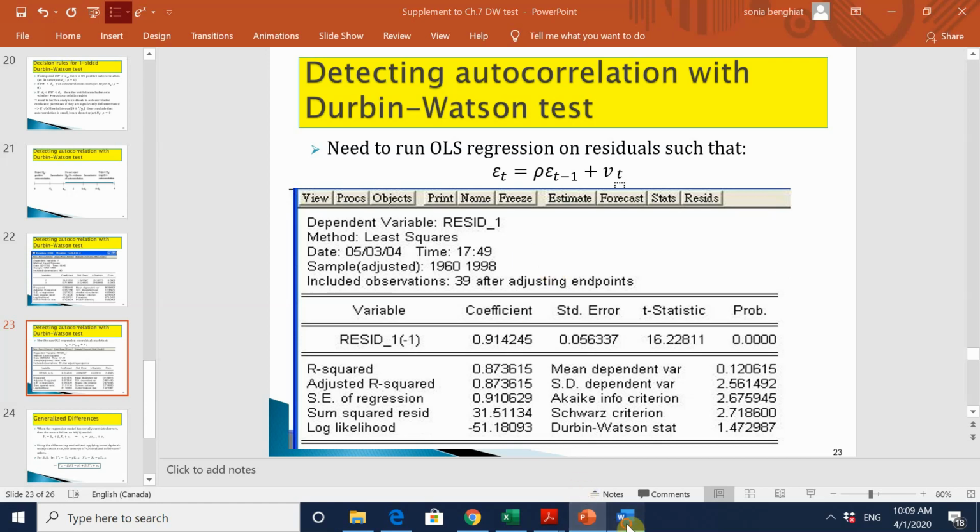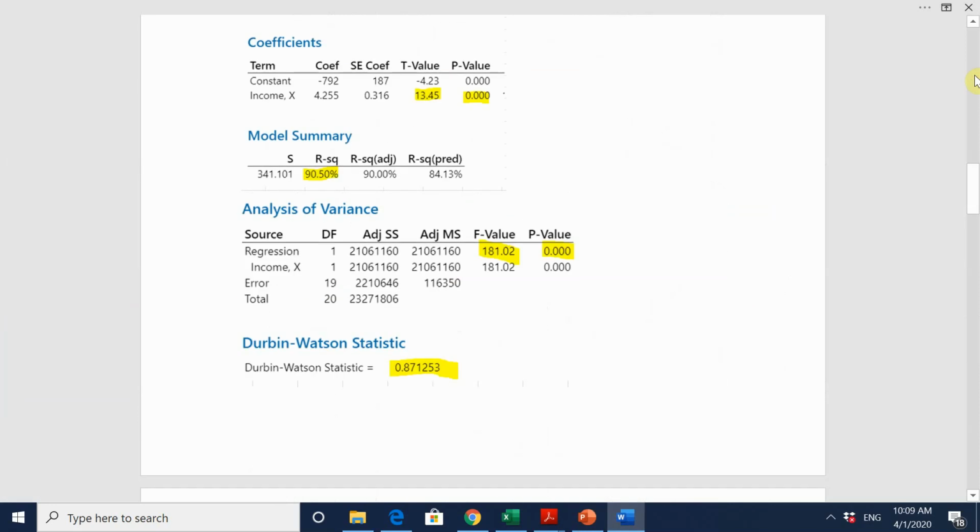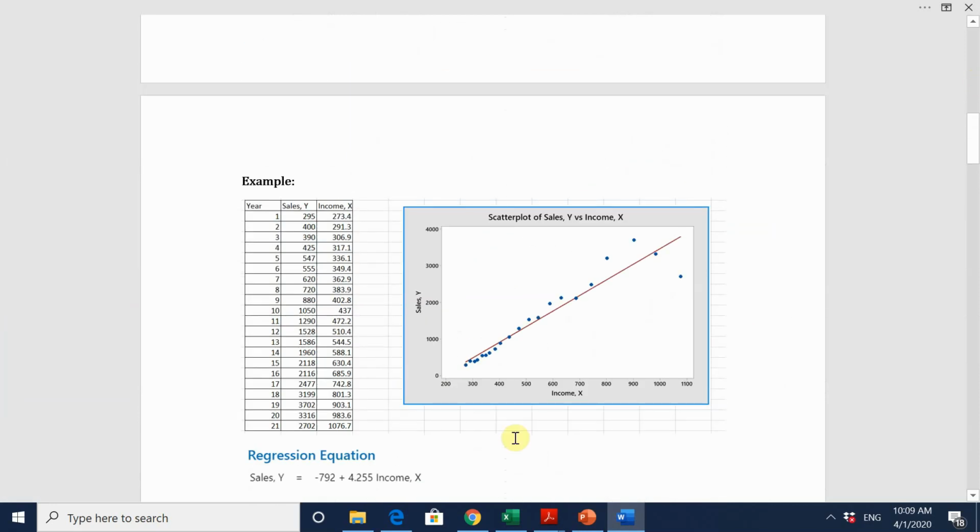I also want to walk you through another example that I wanted to add. Here you've got your sales and your income, and a scatter plot shows how X and Y are related.